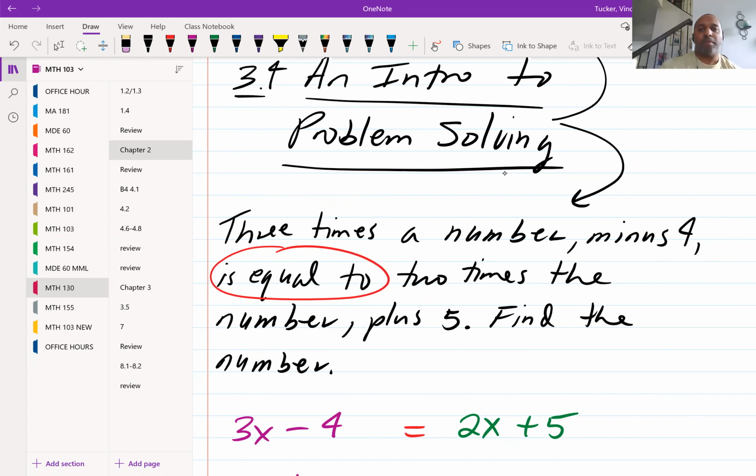Add 12 to both sides. That'll give us 20 equal to 2x. Then we divide by 2. X is equal to 10.